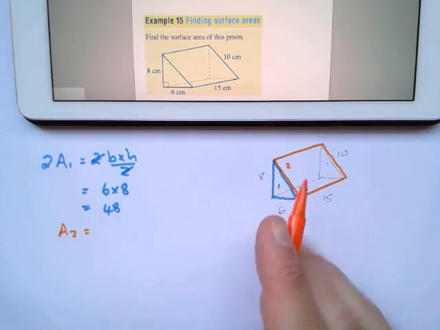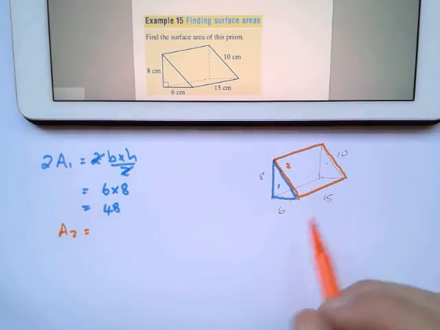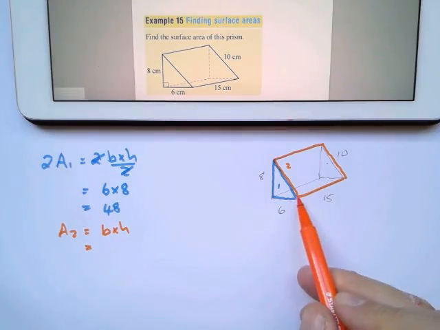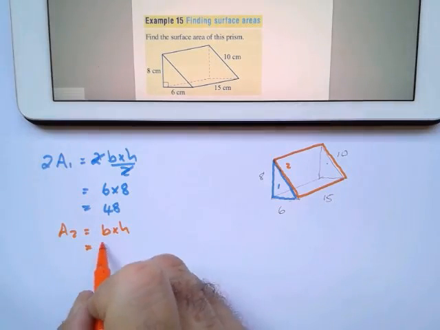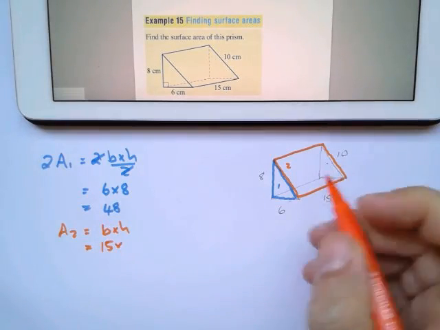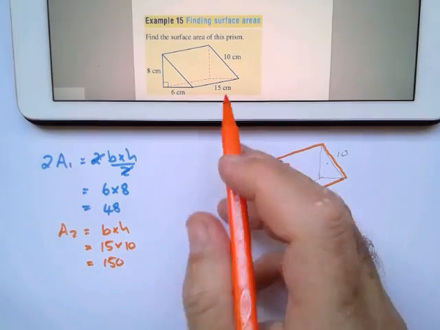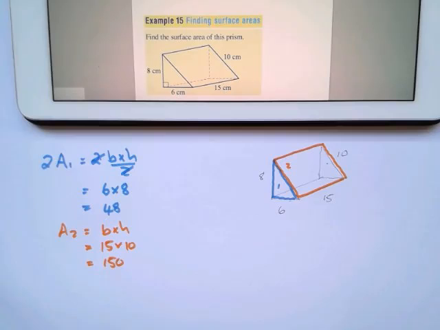It's 3 dimensions, so it's actually just a rectangle. That rectangle formula is base times height. The base is 15 and the height is 10. That gives us a total of 150. This area is in centimeters squared. I'm not going to write anything now.